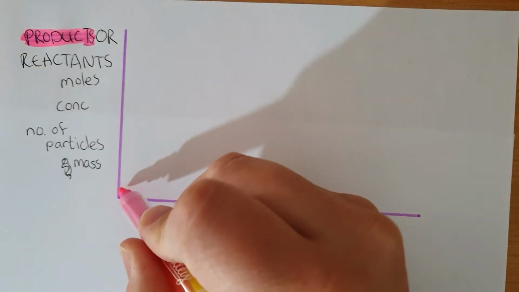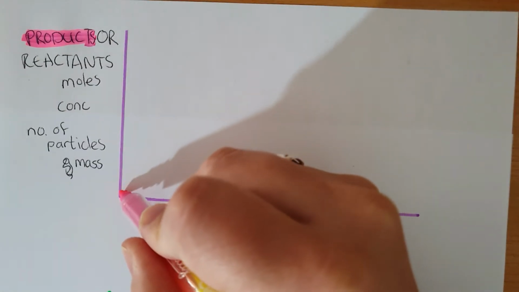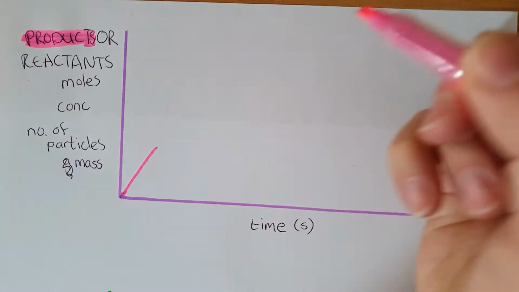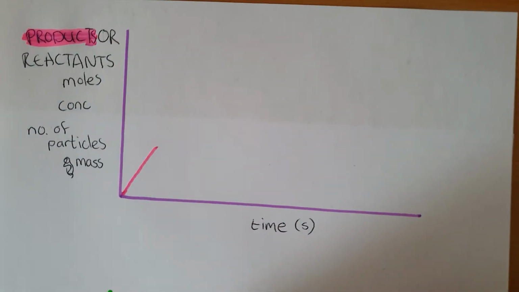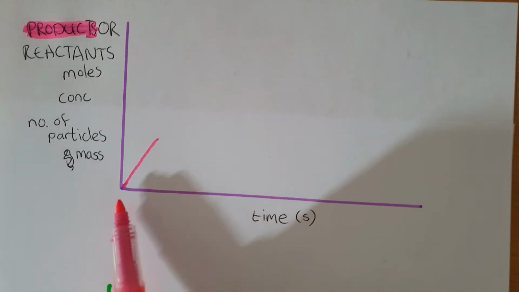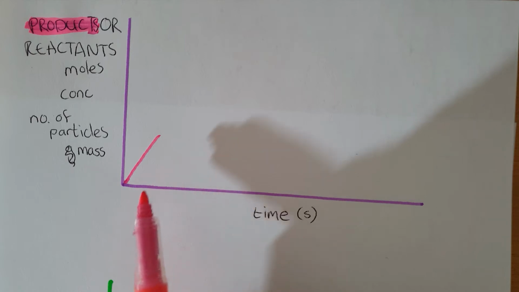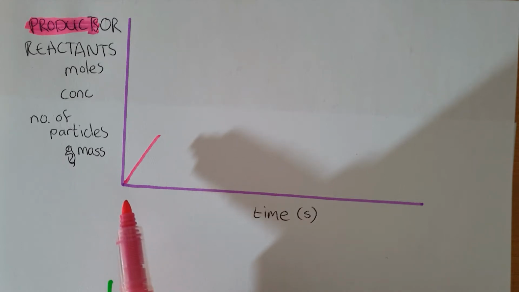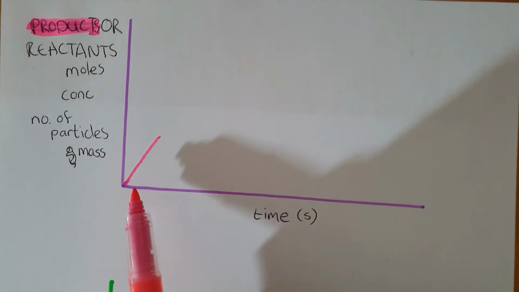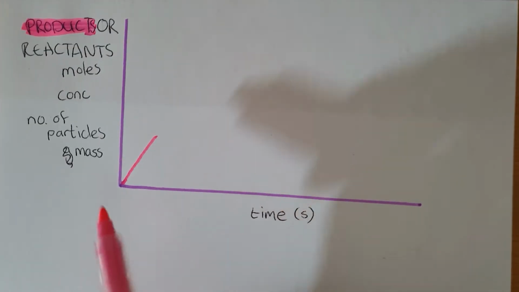And the slope can be quite steep at this stage because in the very beginning is the highest rate that you're going to get, because you have a high concentration of reactants, and so your reaction rate is quite high in producing lots of products.